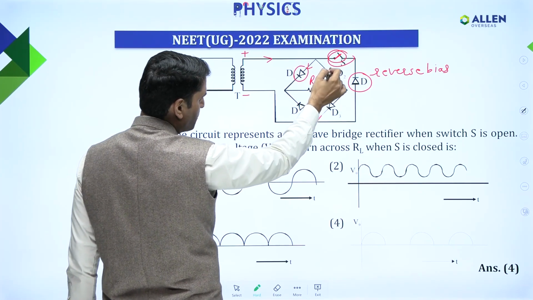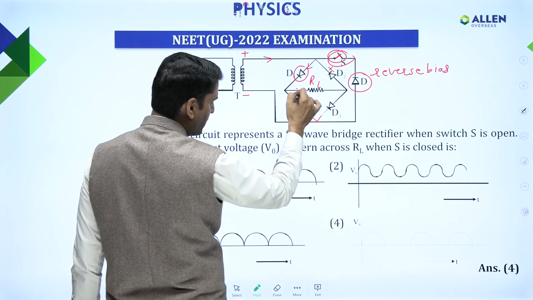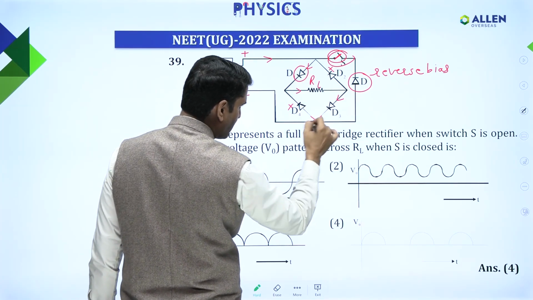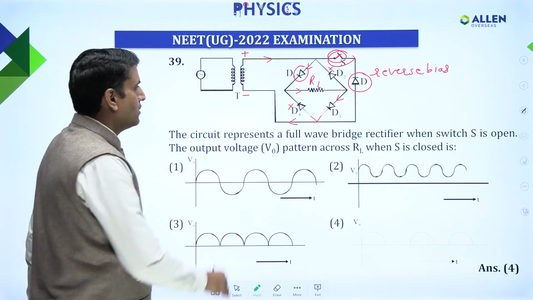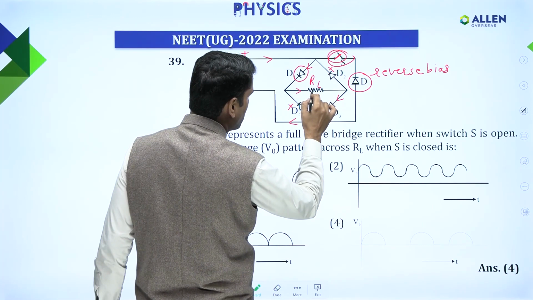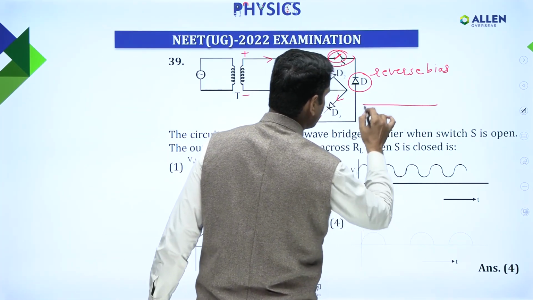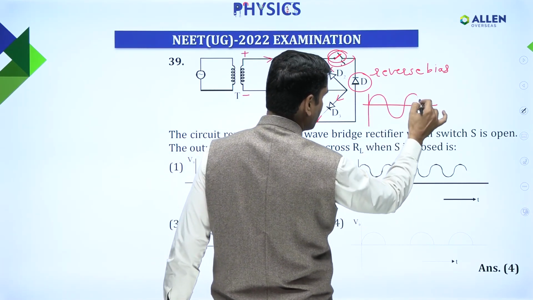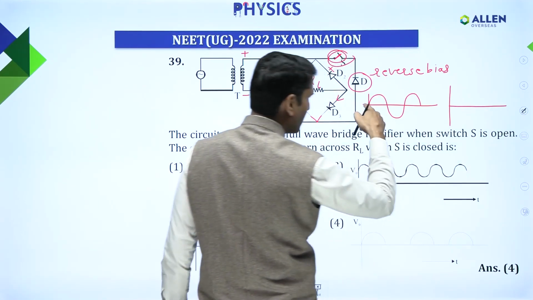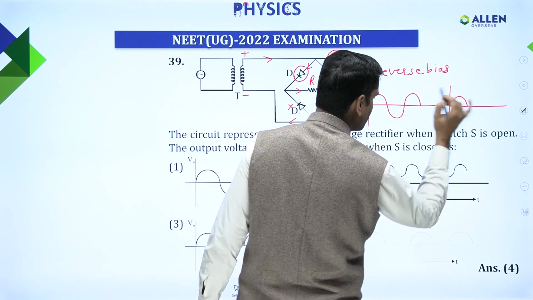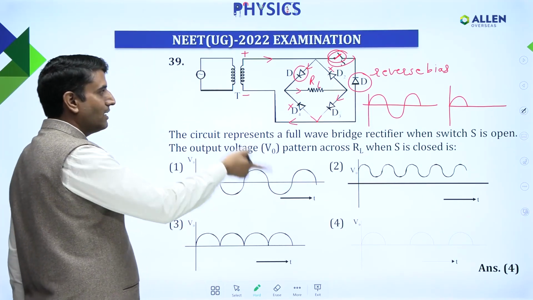So current would not pass through these, but would pass from here to here, then finally take this path, and in this way the circuit would be complete. So there would be output on this RL. Let the input be this one; the output would be this one for the first half.